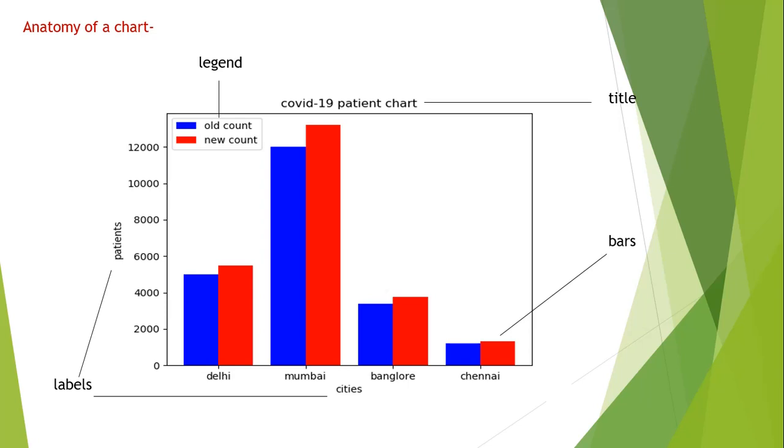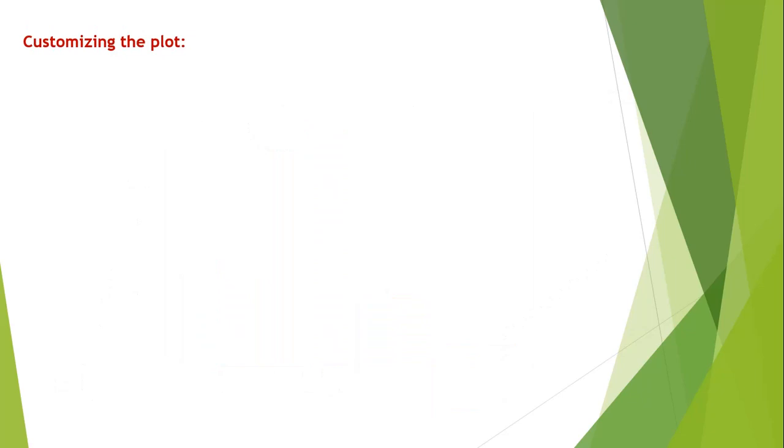Now let's move further. Customizing the plot. Customizing means, as you know, that whatever the needs of the particular user or programmer are, he can customize it according to his need. By default the program will create a bar chart or a line chart or any particular chart.